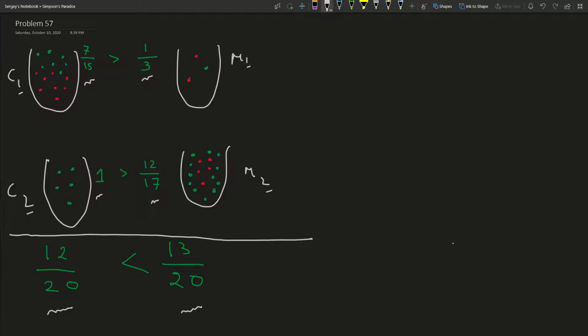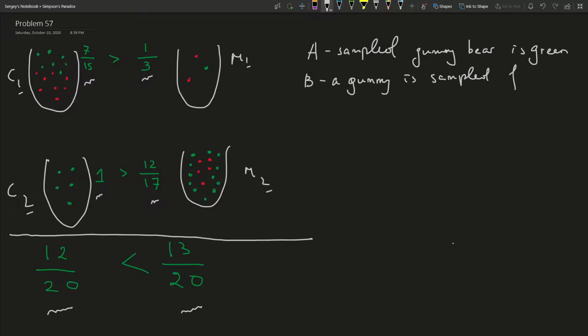Now, to formalize this and write this example in terms of Simpson's paradox, we can let A be the event that a sampled gummy bear is green. We'll let B be the event that the jar being sampled from is one of the M jars, so B is the event that a gummy bear is sampled from M1 or M2.